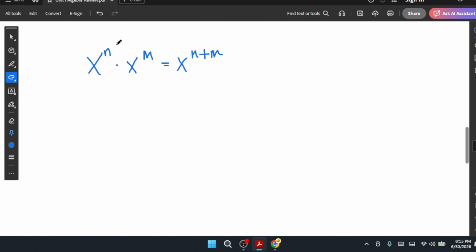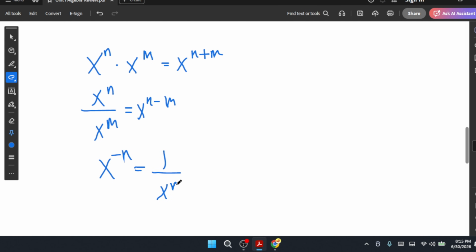So this is the multiplication rule, and there's also the division rule. x to the power of n over x to the power of m is equal to x to the n minus m, and also x to the power of minus n is the same thing as 1 over x to the n. Okay, and x to the power of n, to the power of m, is the same thing as x to the power of n times m.